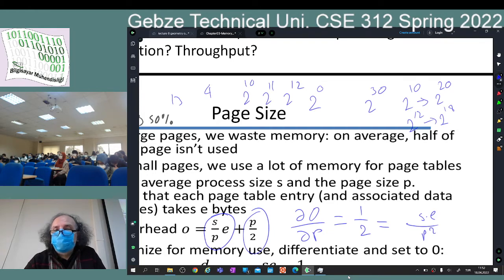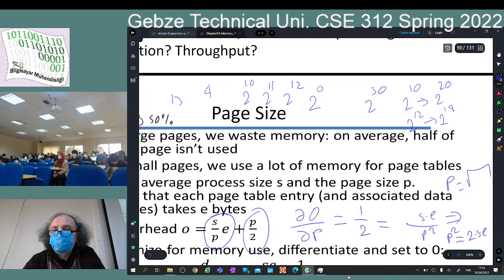Okay, it is going to be P squared is equal to 2 times SE, right? And here P is going to be the square root of 2 SE.